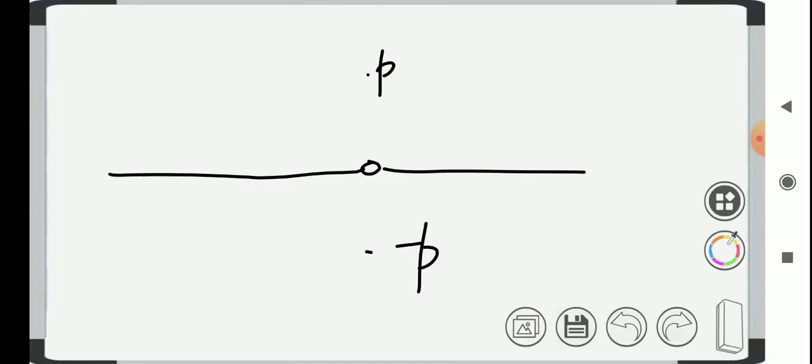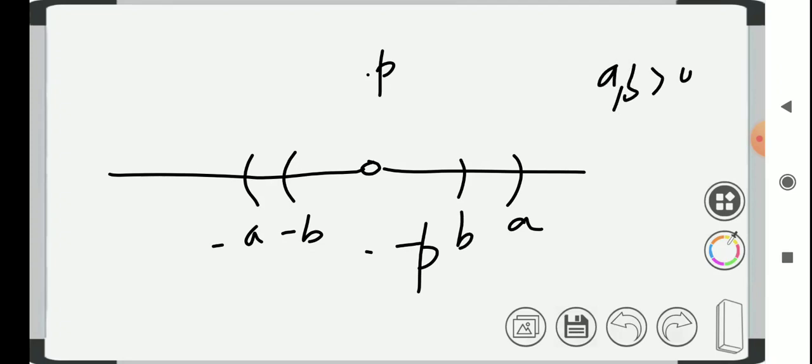Now for P, if we choose two different intervals, let us suppose this minus A here and A here, this one interval, and another interval like here minus B and B, for some A and B positive real numbers.